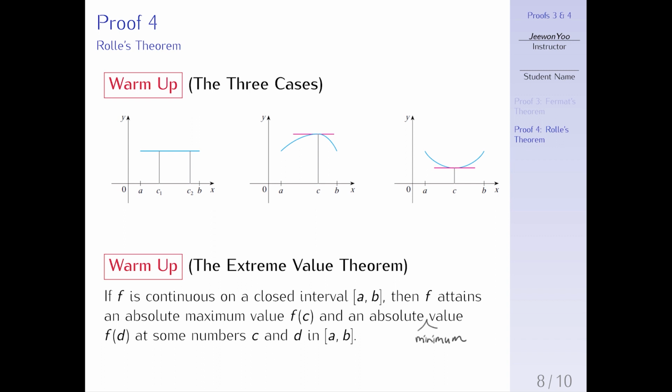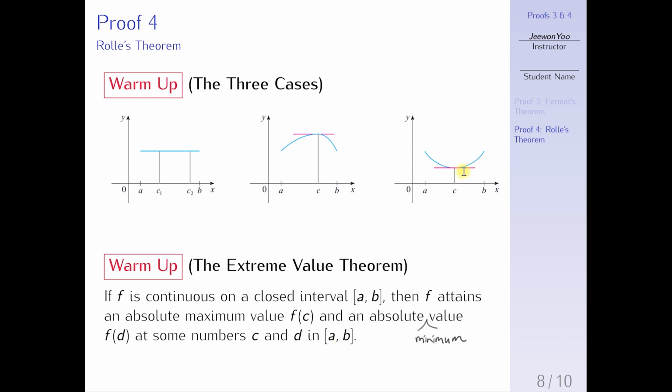What this theorem says is that if I use this graph as an example, suppose f is continuous on a closed interval a to b, like this, then f has an absolute maximum, say f of c at x equals c, and an absolute minimum, say f of d, in this case the same as f of a and f of b, at some numbers c and d in closed interval a to b.